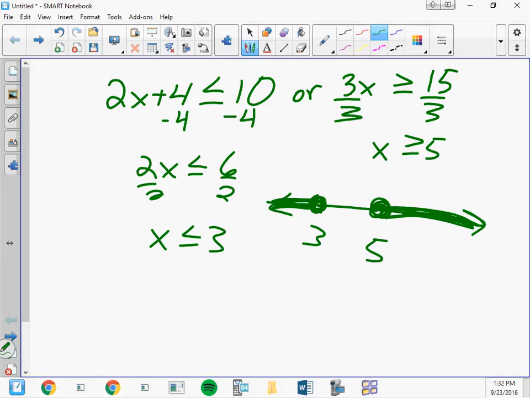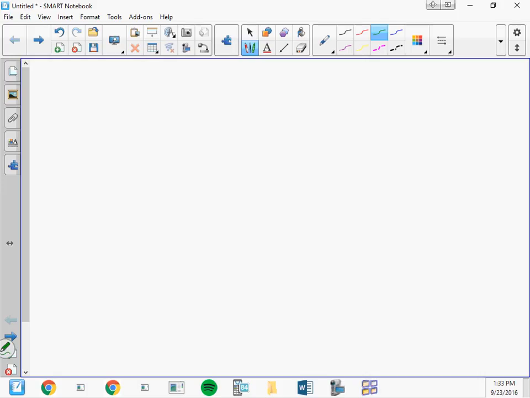There are two different ways to represent an AND. One is just sort of like the OR. Let's say I had 3x less than or equal to 18 and 2x minus 2 greater than or equal to, let's say, 4. And there's an AND between them.